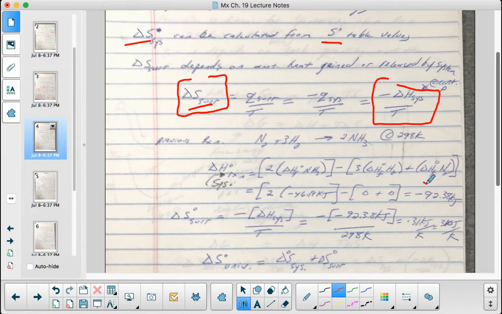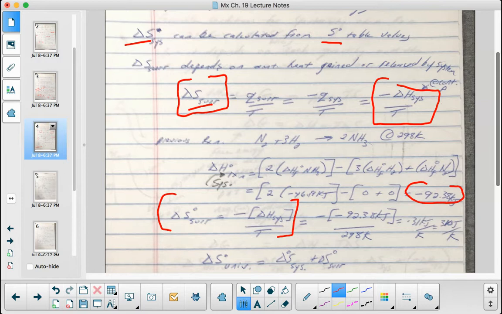I then use that value, my delta H value, here in this equation, and I'm going to change the sign because remember, the delta S of the surroundings is calculated using the negative delta H of the system divided by the temperature. So I plug that in, I do my little bit of mathematics there, and I calculate 310 joule per Kelvin.